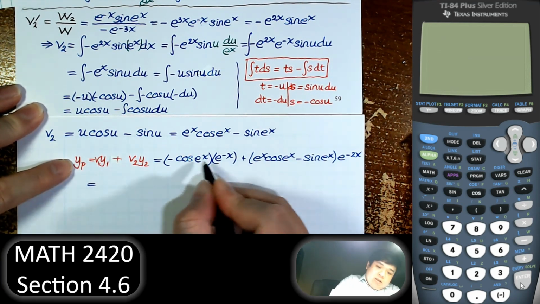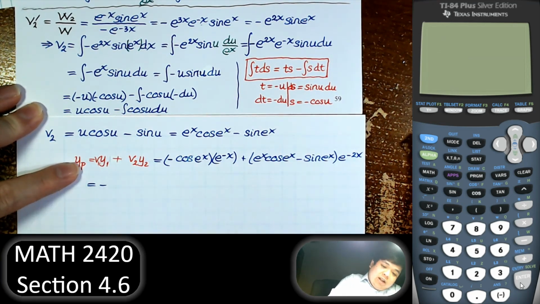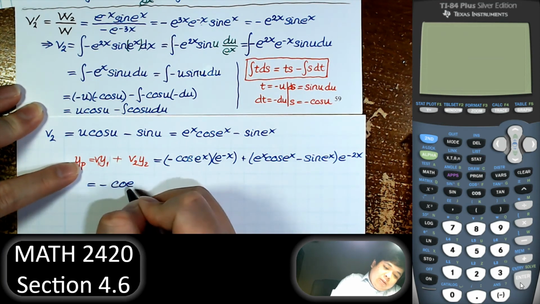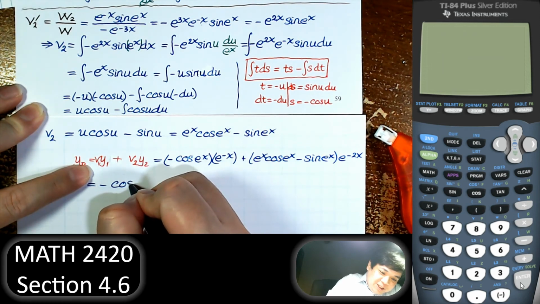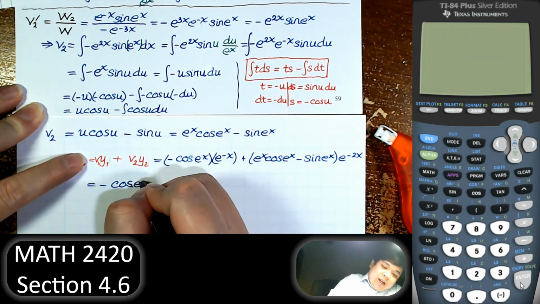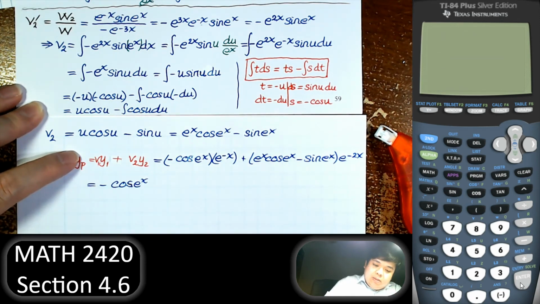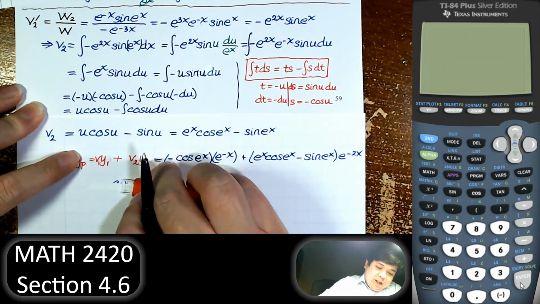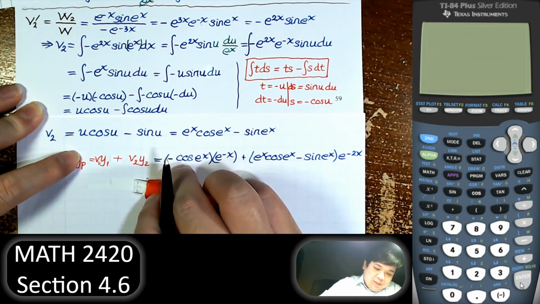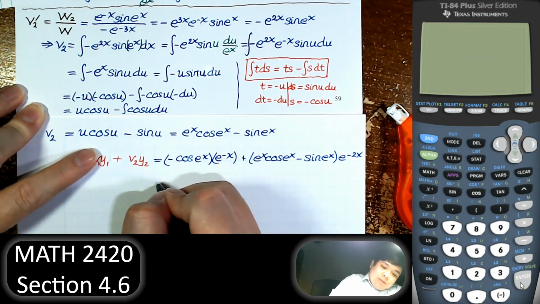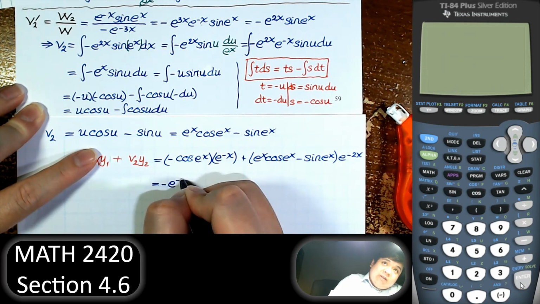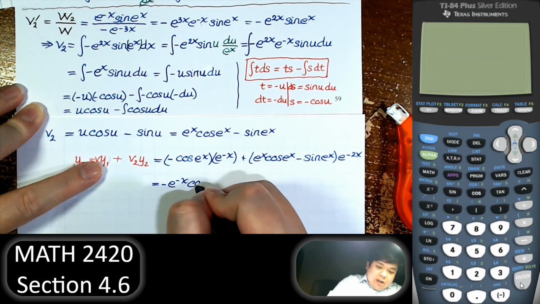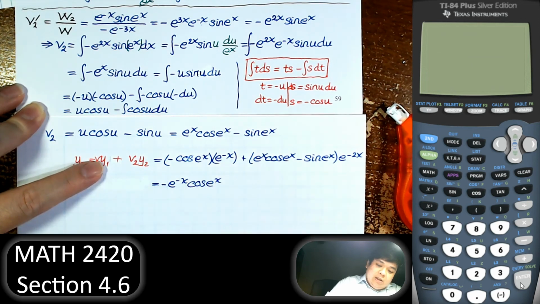Now multiply this out. We have negative cosine of e to the x. Multiplying this gives us negative e to the negative x cosine e to the x.